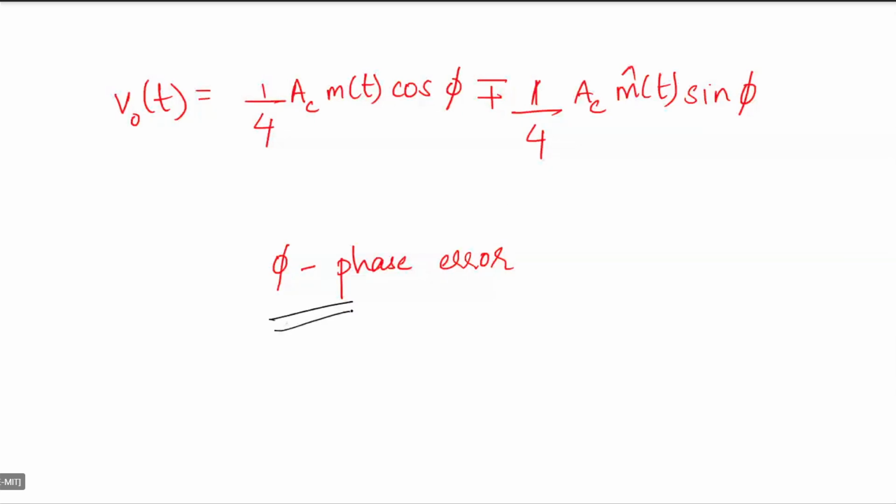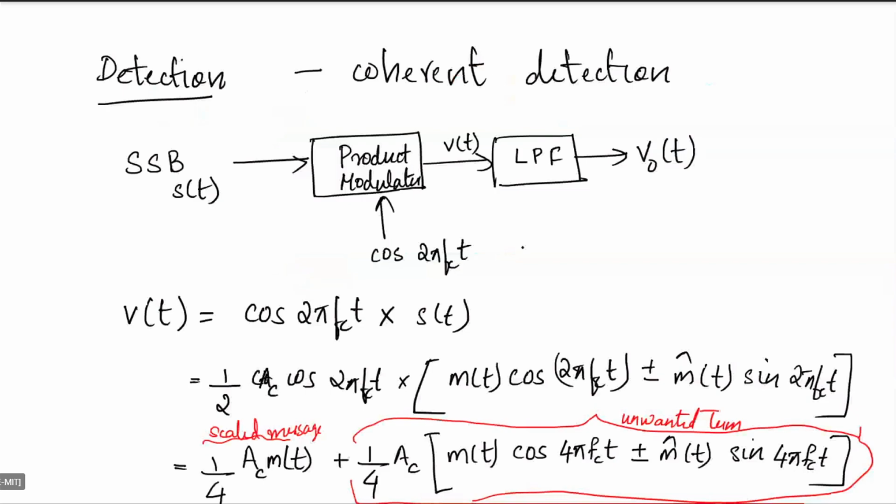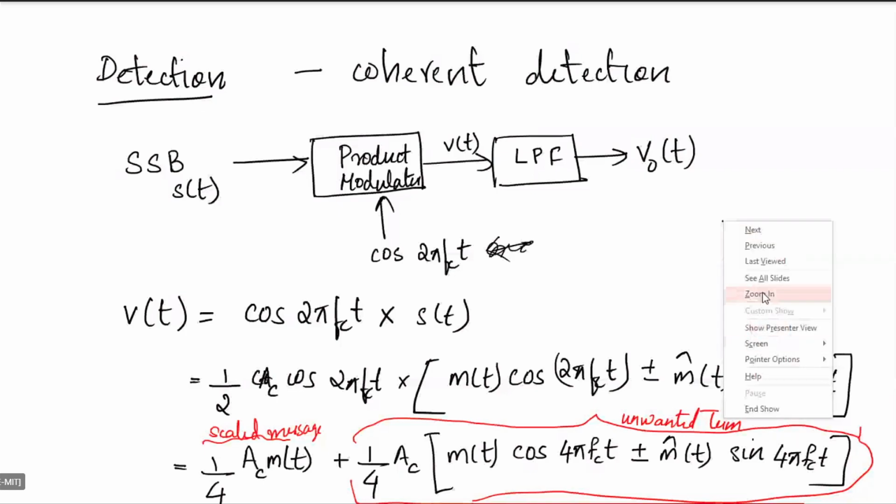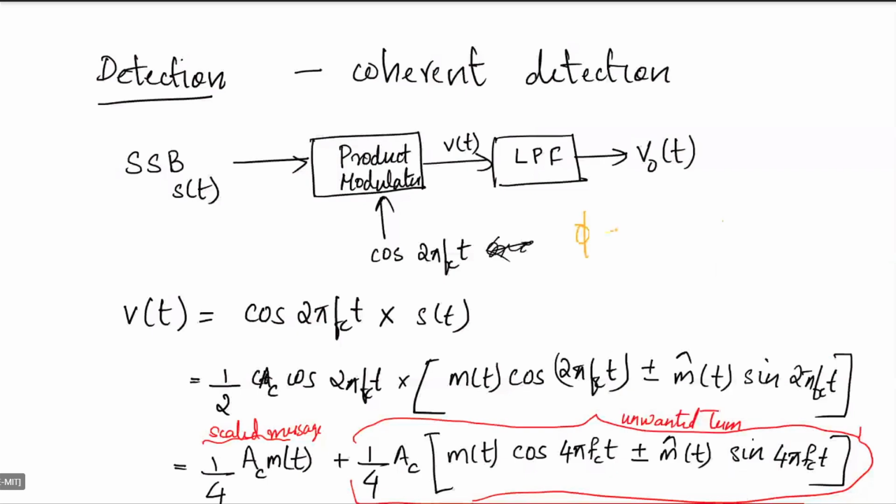There will be a phase error if the local carrier is not coherent with the incoming carrier. So this is single sideband modulation.